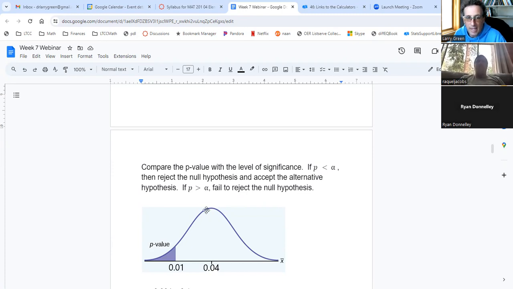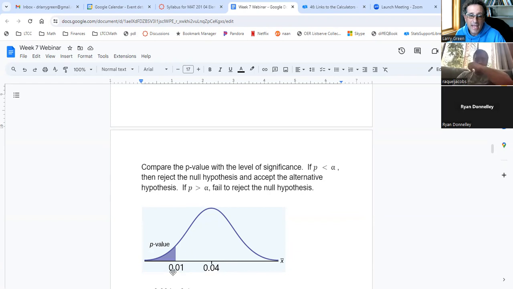Okay? And we're going to make the assumption that H naught is true. So that means we're going to put 0.04 in the middle, or the mean, for the distribution. That's part of the central limit theorem.